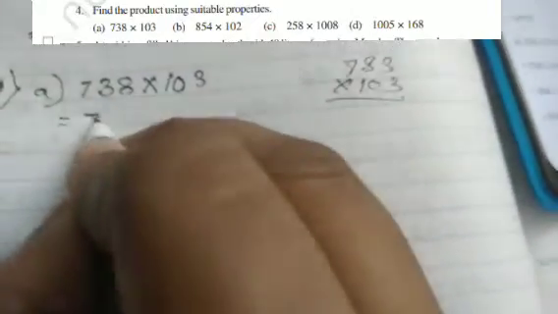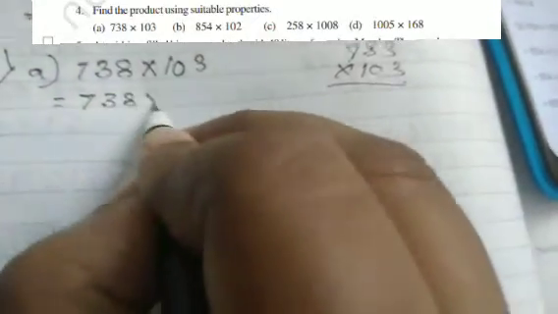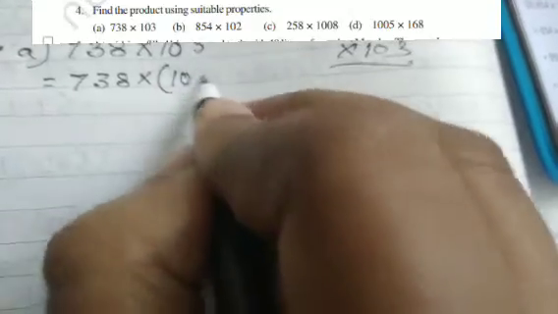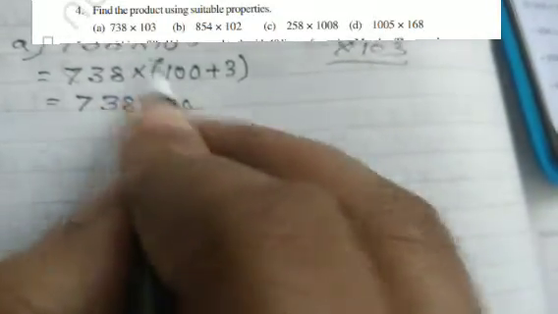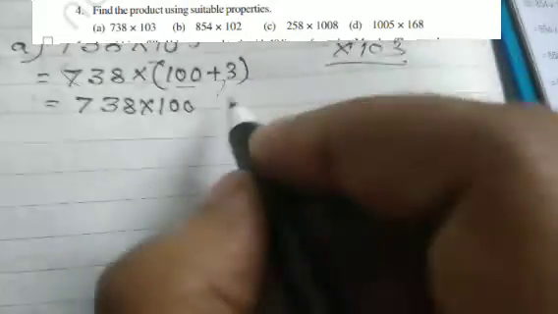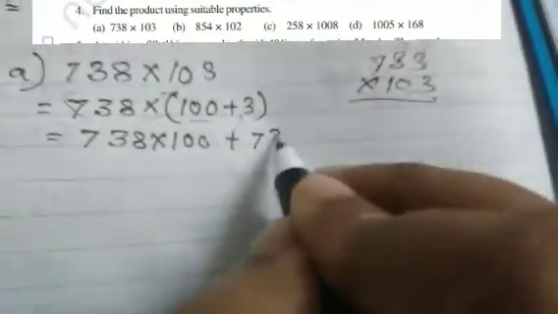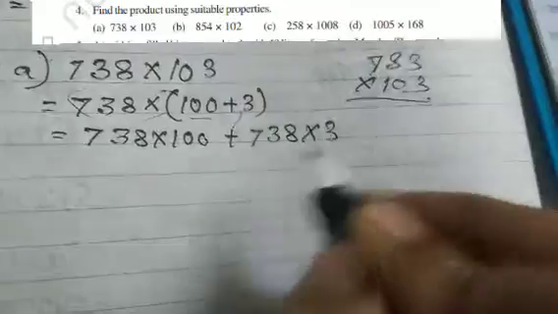But to be smart, what do I do? I do 738 into, I can separate it as 100 plus 3. So I will get 738 into 100 plus 738 into 3.